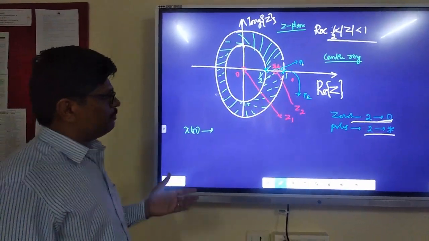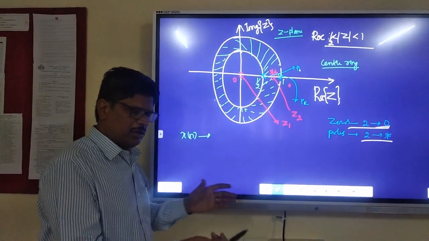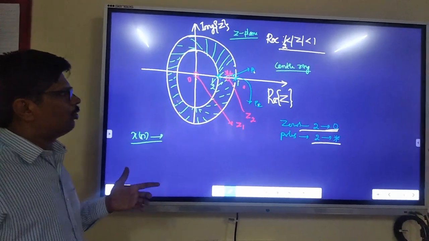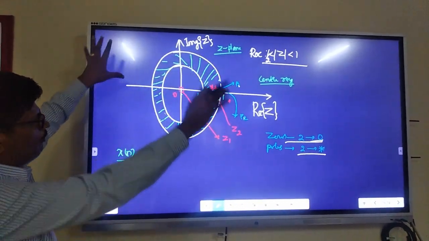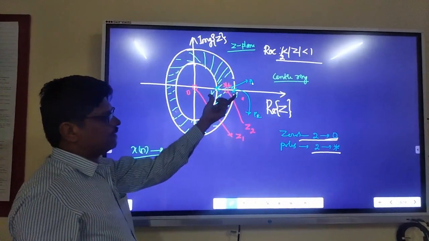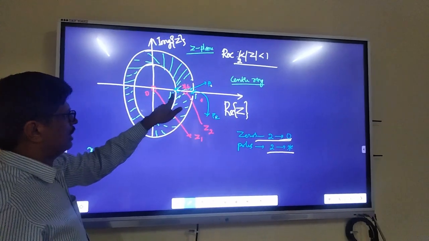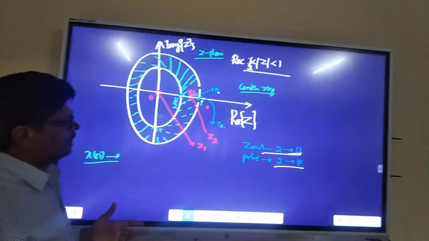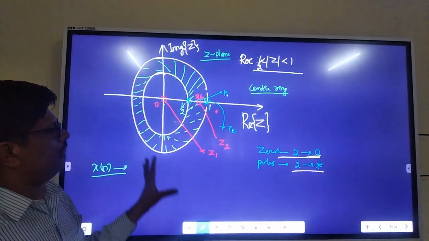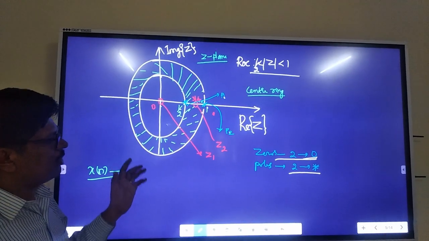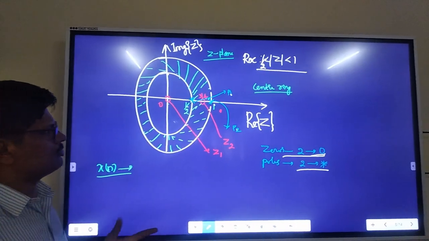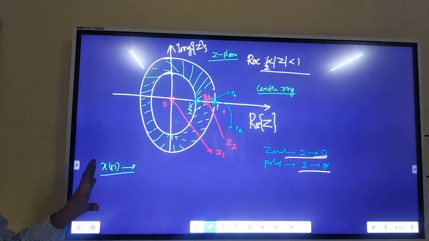Let there be any complex input signal x of n, a discrete time signal. We can find the Z transform and we can plot the region of convergence in the z plane like this, and that comes as a ring, that is greater than 1 by 2 and less than 1. And we can plot poles and zeros, and in this particular complex signal we are having 2 zeros and 2 poles.